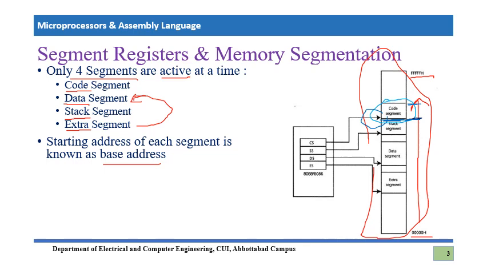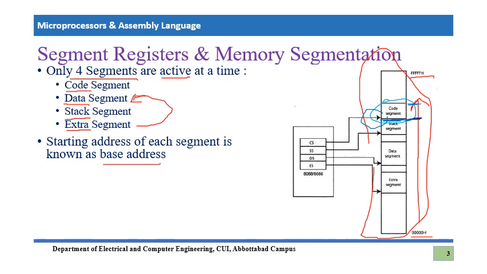This arrow is the content of the CS register. What is the CS register? Code segment register. Whatever the content of the code segment register, it is pointing towards the very first byte, or the very lowest byte, of the code segment. So one can also say that the starting address of the code segment is stored here in the CS register.